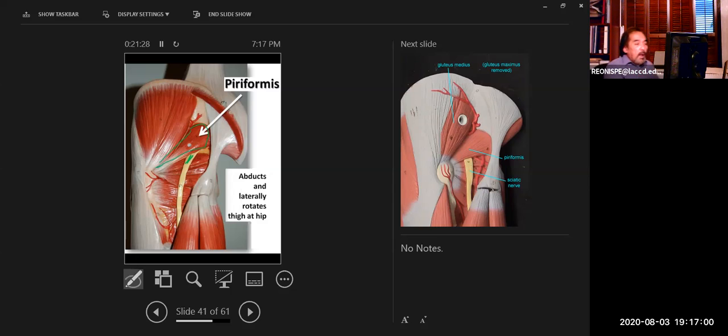Okay, and then this is going to be the superior gemellus. And this is your inferior gemellus.